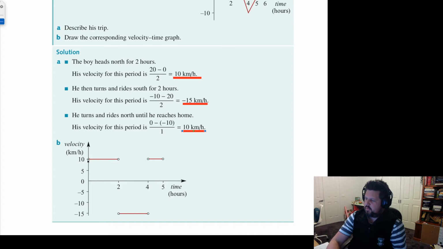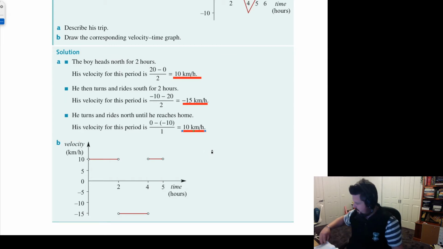So we can draw 10 kilometers an hour. For the next 2 hours, from 2 to 4 hours, he's going at negative 15 kilometers an hour. So again, we can draw the velocity there. Last but not least, he returns home from the 4 to 5 hour mark, and he's going at 10 kilometers an hour. You can put that velocity on there, which is pretty cool.